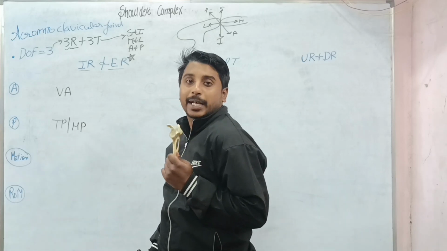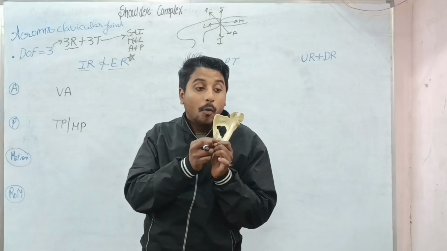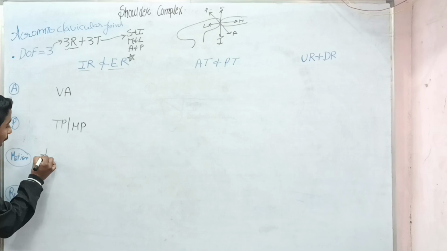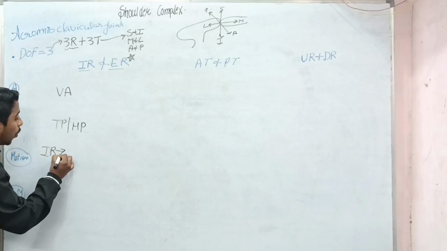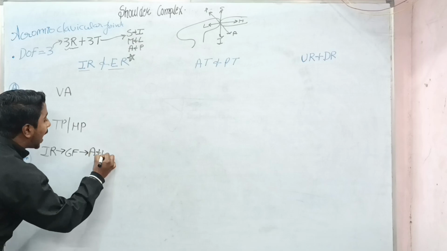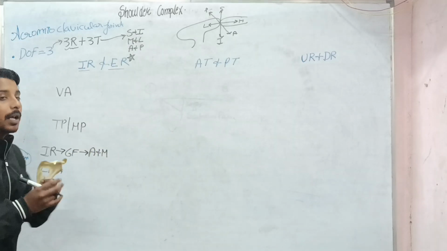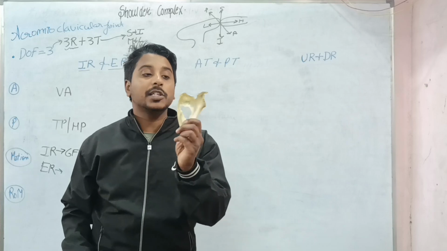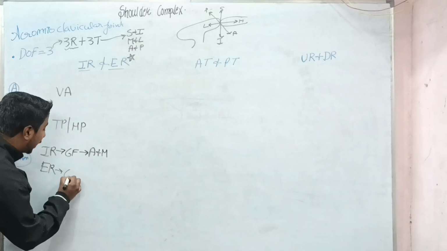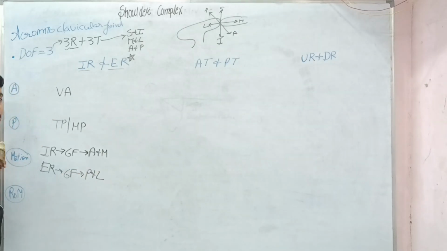During internal rotation you will see that the glenoid fossa is moving anteriorly and medially, while in external rotation it is moving posteriorly and laterally.